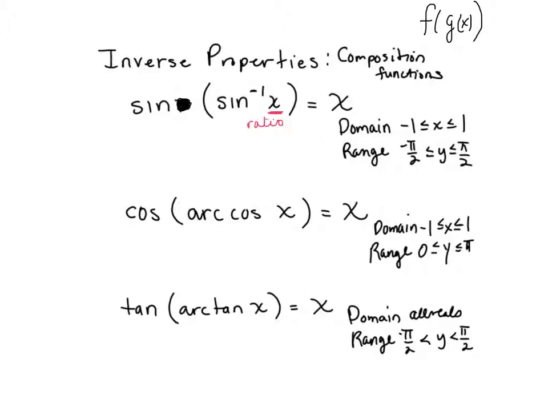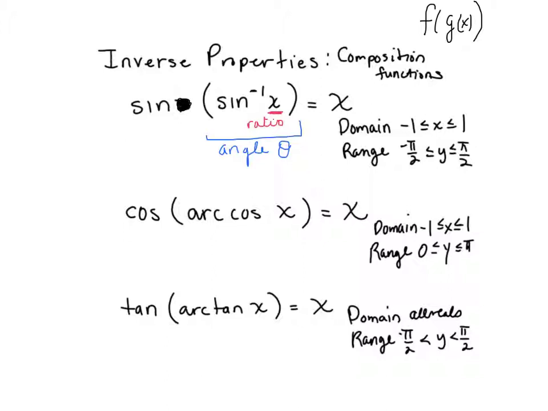Then inverse sine of x represents an angle, usually theta. So basically you have the sine of an angle. The angle is an inverse function of a ratio, so that's the composition.